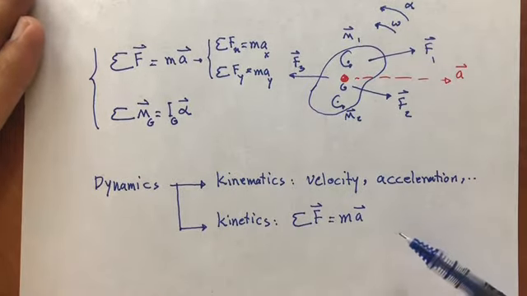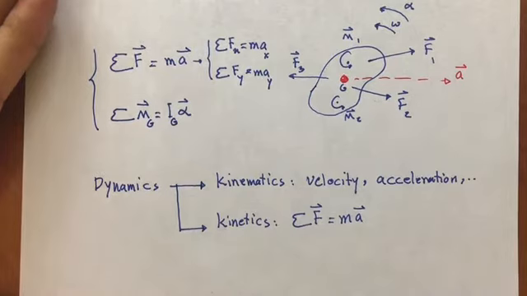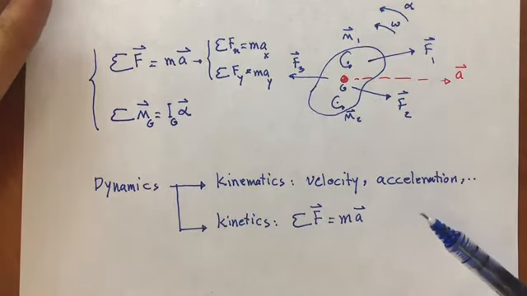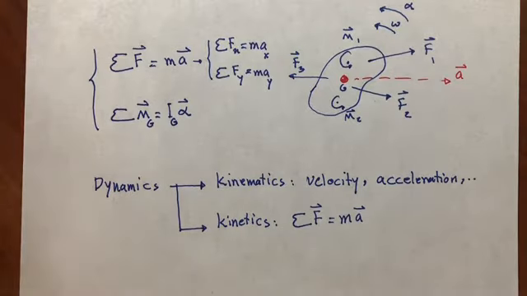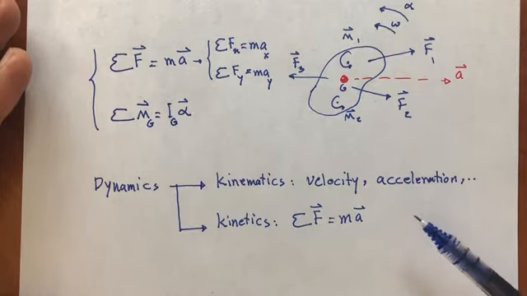If you have a bunch of particles which are moving with different accelerations, then what is the relationship between those accelerations and forces? We are going to study it in chapter 3. We don't have chapter 4. In chapter 4, we talk about a bunch of particles together, the dynamics of it, which is going to lead to a bunch of equations that we need to know in chapter 5 and 6, which I'm going to give you.